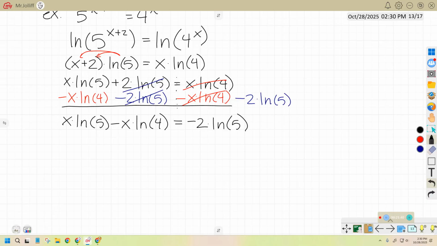I want to get x by itself, so I'm going to factor the x that's in common from both of these terms out in front. When we're dealing with those previous examples, that happened naturally, because I can do 5x minus 4x. I can't do that neatly with ln 5, ln 4.